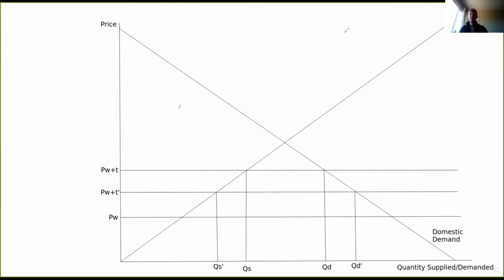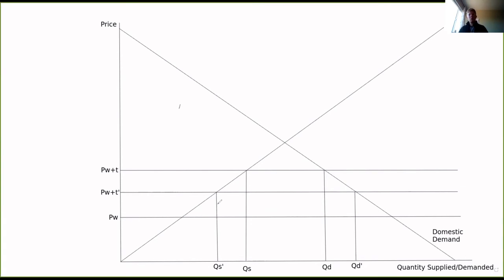Now we can analyze this situation from the perspectives of producers, consumers, and the government. Recall that initially government revenue was this whole shaded area because the government was applying a tariff of T on all of the imports.